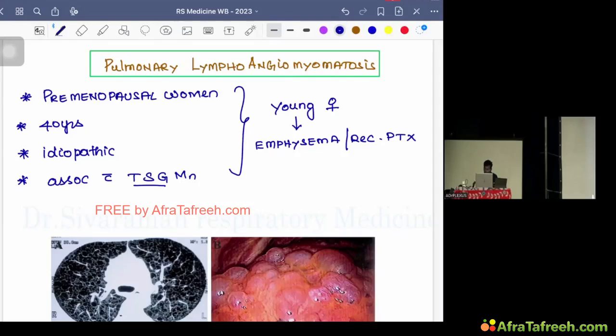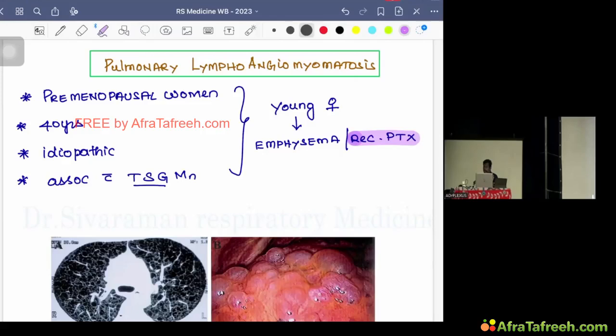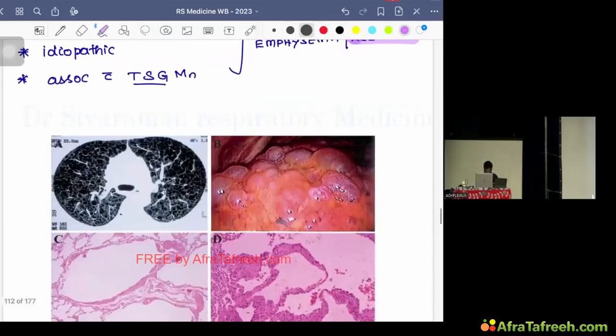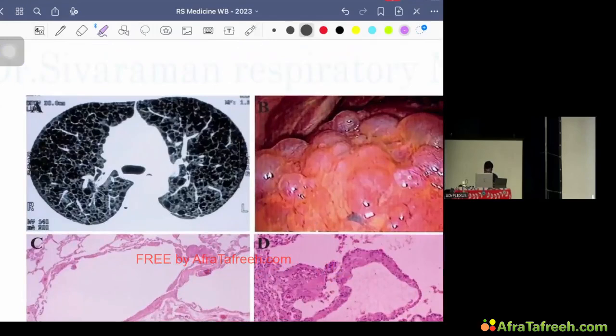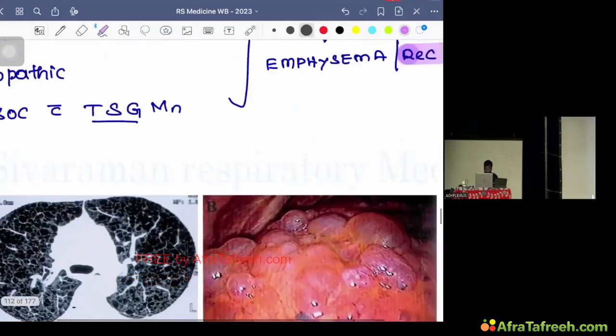What are the two conditions which are associated with pneumothorax? One is PLCH, another one is pulmonary lymphangiomyomatosis.